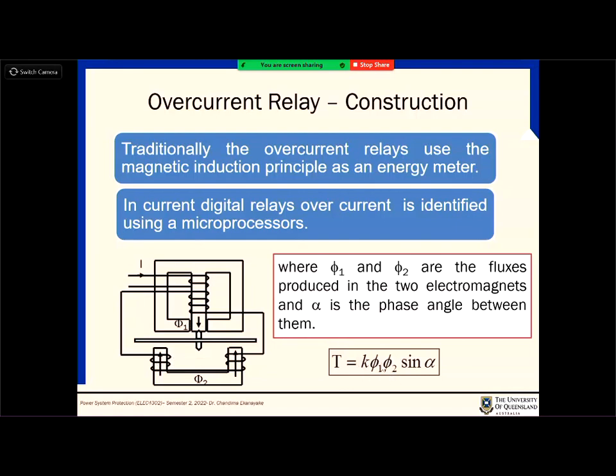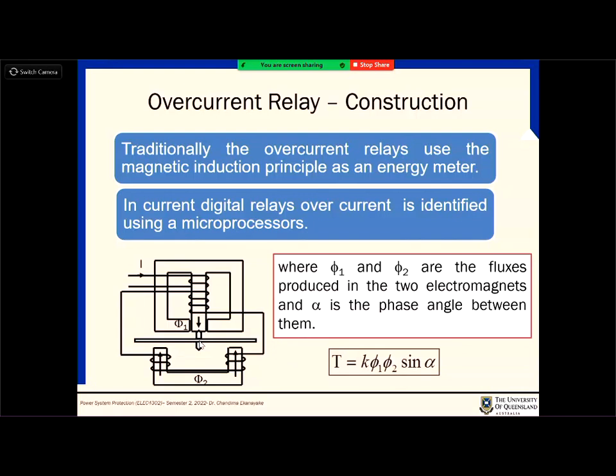The flux produced by this one and the flux produced by this one is produced by the current, so the magnitude of the current changes the torque on the disc.